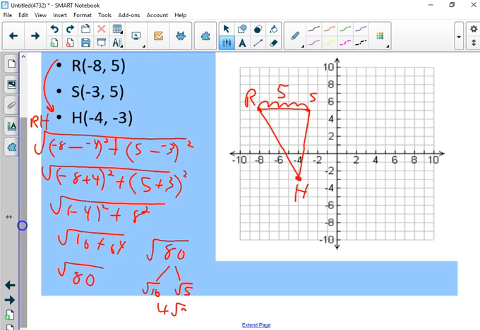So 4 root 5. So RH is 4 root 5. But if we're finding perimeter, we can also just type in square root of 80, because we're going to need that. Never hurts to practice reducing though. The square root of 80 is, like I said, really close, 8.9.